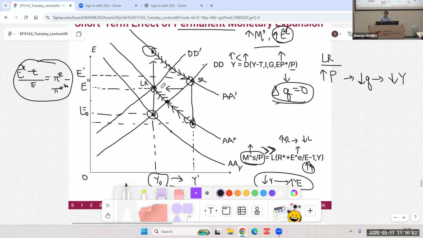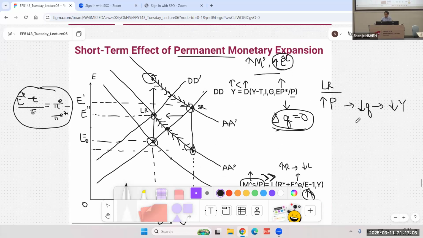Okay, now the DD schedule will obviously change because, as mentioned earlier, prices have increased because of changing money supply, and an increase in prices is going to push the real exchange rate downward, which pushes down the current account, which pushes down demand, right?